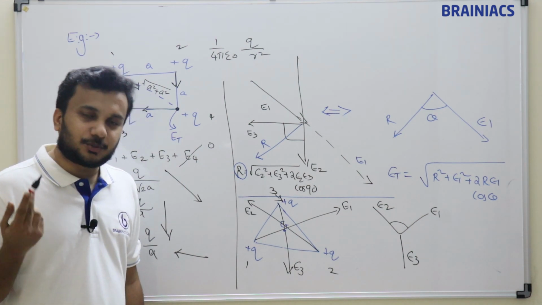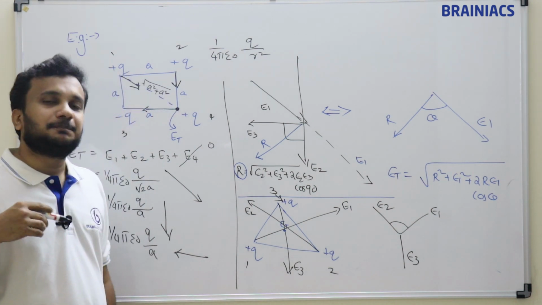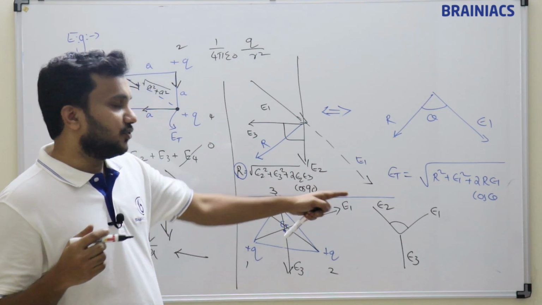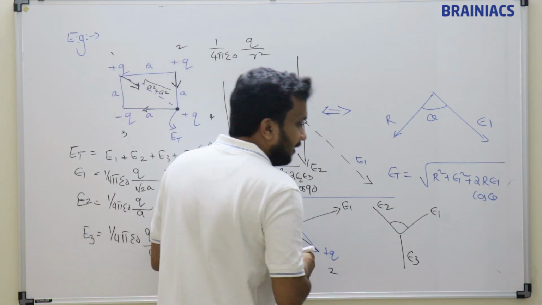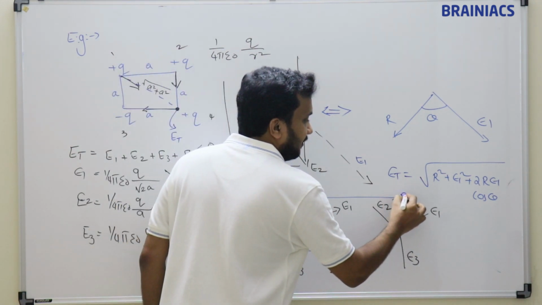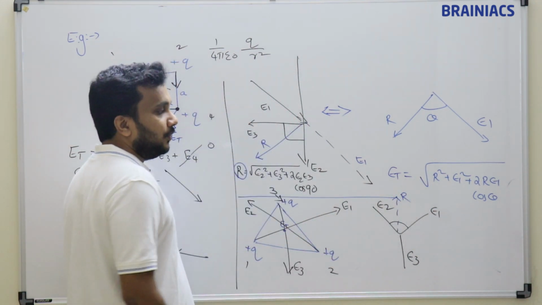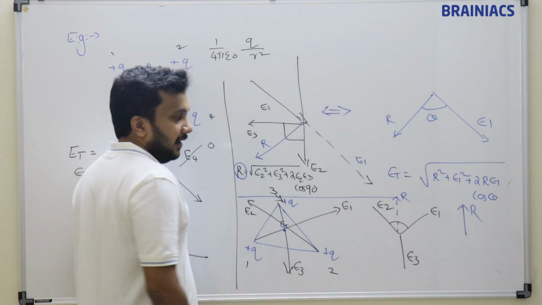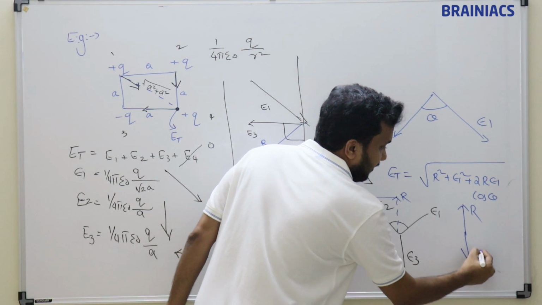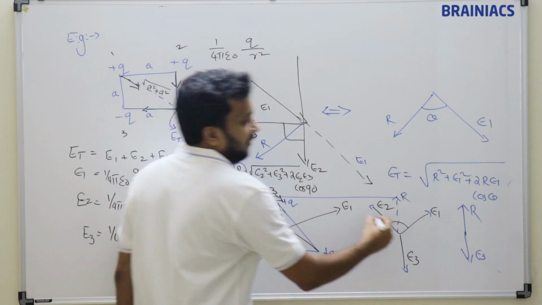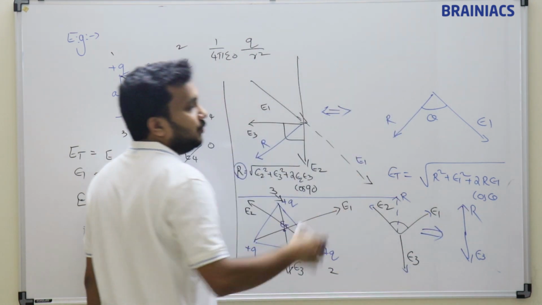Root of E1 square plus E2 square plus 2 into E1 into E2 into cos of this angle. So if you find the resultant, the resultant vector will be like this. Now there is no E1 and E2. Now you only have a resultant vector R, and you have another vector E3 in the opposite direction. Now the 3 vectors are resolved into 2 vectors.